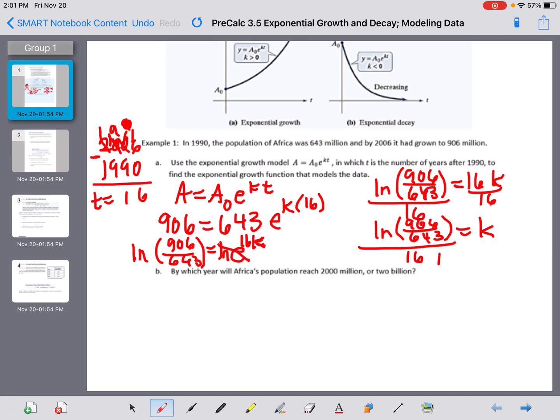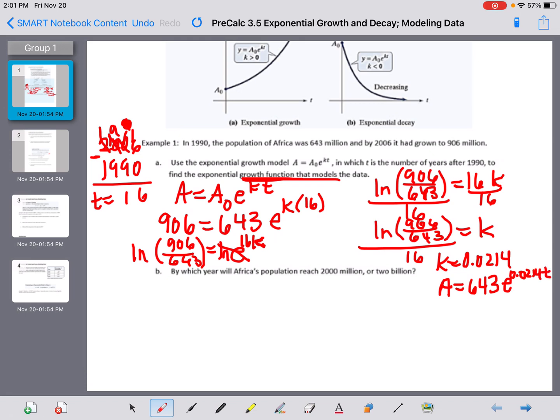And I get this k value of 0.0214, okay? It's positive, which means my population is increasing, which by the numbers, yes, it was. So when it says give me a growth function that models it, my growth function would be: the population will become 643, which is where we started originally, times e to the 0.0214t power, okay?